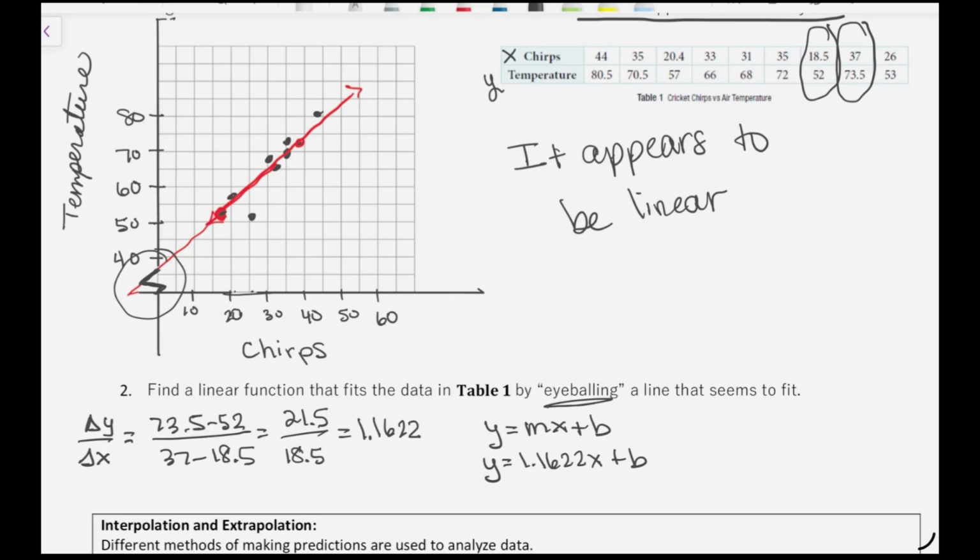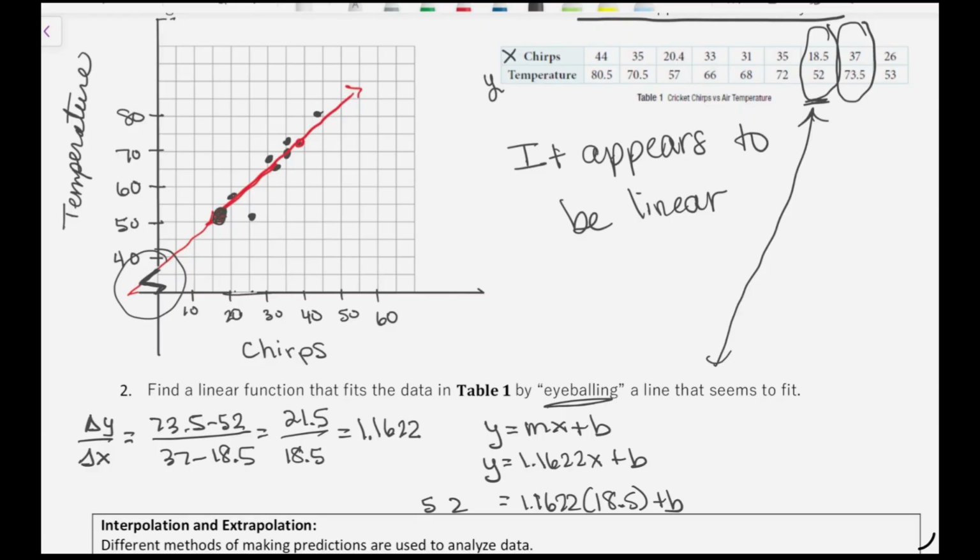I don't know b, but I do know my red line. It doesn't matter which one of these points we pick. I'm going to use this one. When I have an x value of 18.5, I have to get an answer of 52, because that point is on the red line right there.